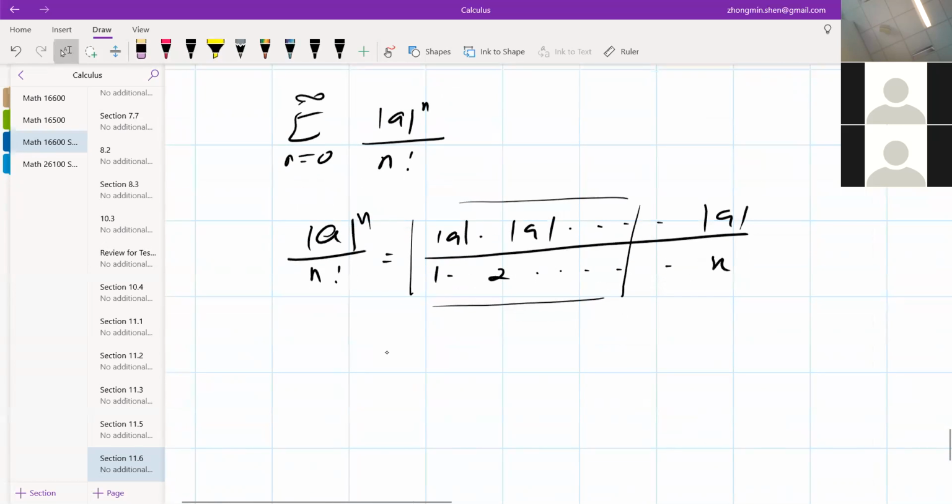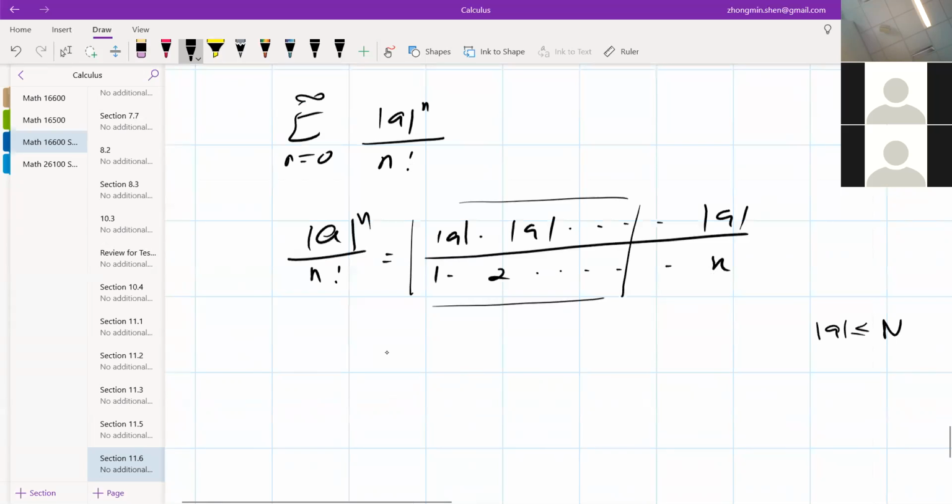We don't know where we should start here. I think when n is greater than the absolute value of a, for simplicity, I assume that the absolute value of a is less than or equal to capital N. How about like that?